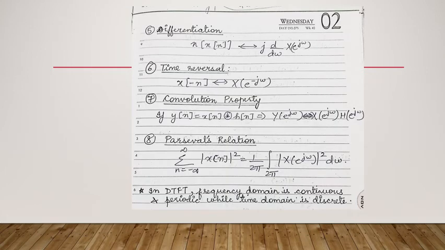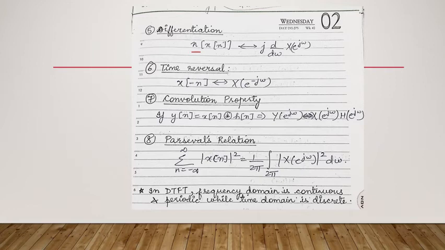The next property is the differentiation property. Now, if we multiply the time domain signal x(n) by a factor n, then what happens to its DTFT? We take the derivative of the DTFT with respect to ω, that is d by dω of capital X e raised to the power jω, and then multiply the final result with j.